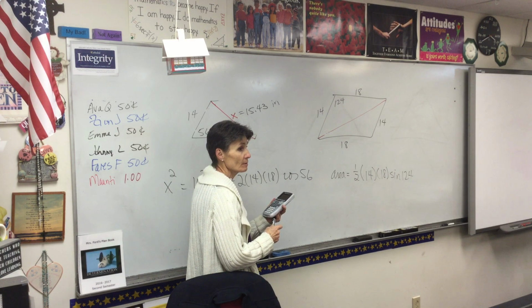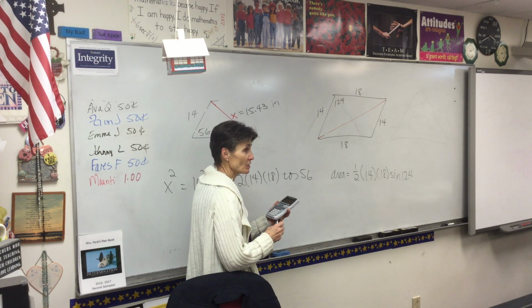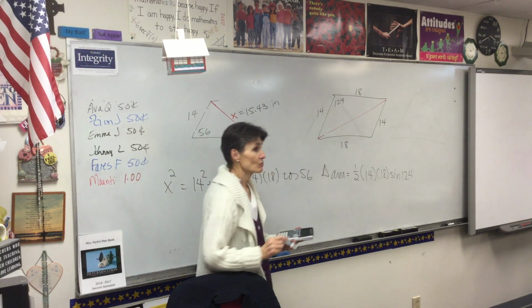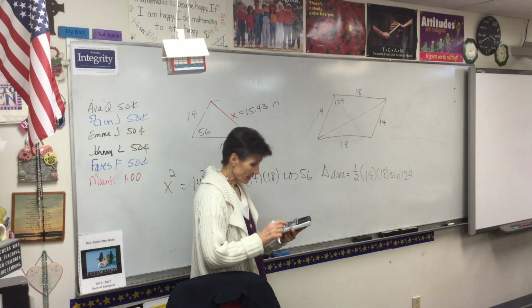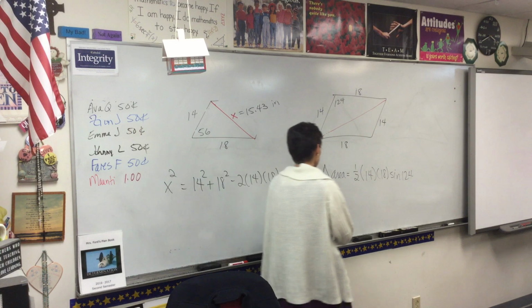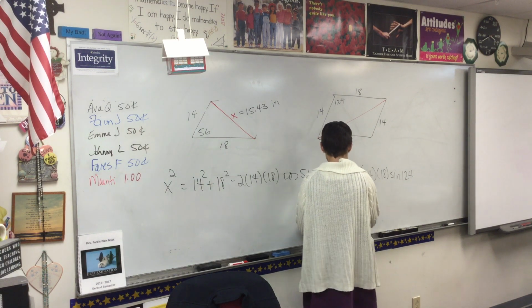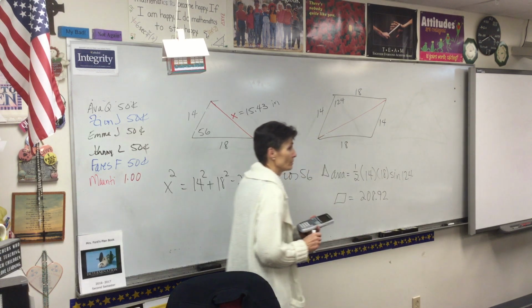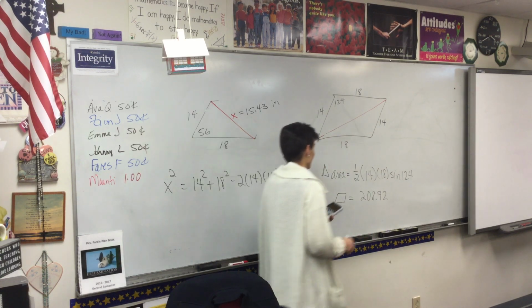Is that my answer? Watch it. What is this the area of? That's the area of the triangle. Times 2. So I got it times 2. So the area of my parallelogram is 208.92 square inches.